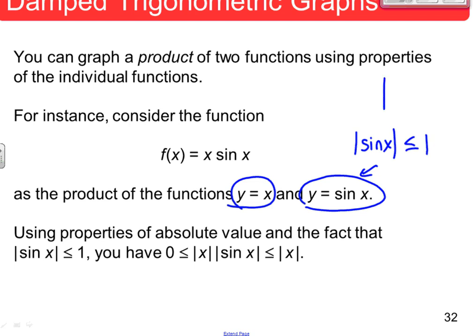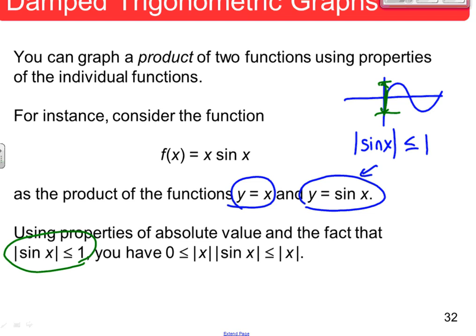Because as you graph that sine curve, it goes from -1 to +1. And if you think of absolute value as a distance from 0, that distance from 0 is 1. So it goes either +1 or -1. And so that's how we get that. And that's why they're just reminding you of that.